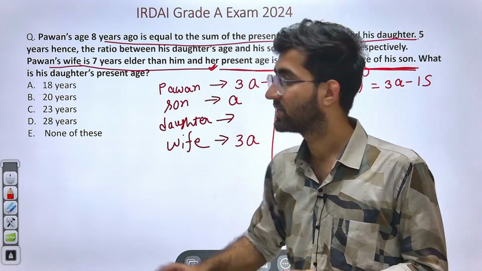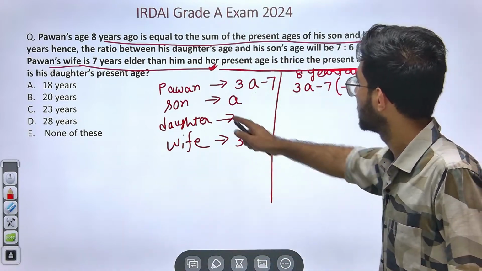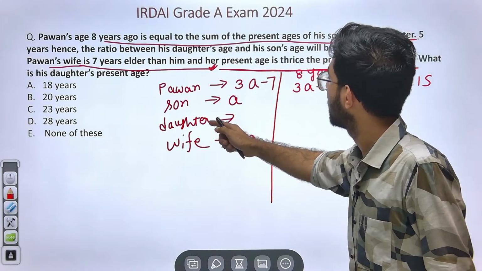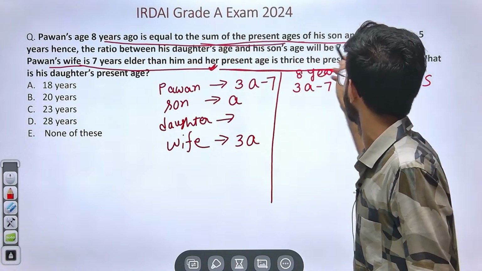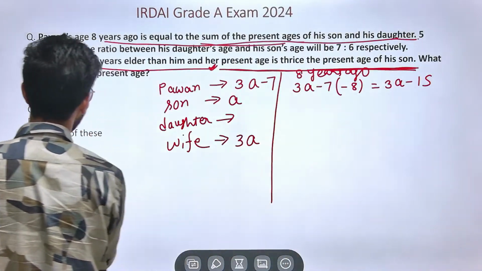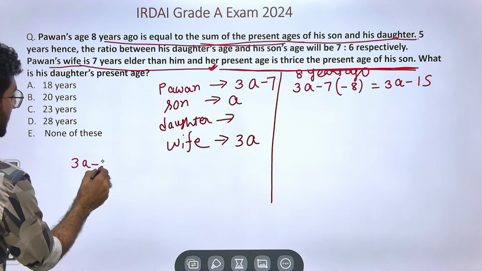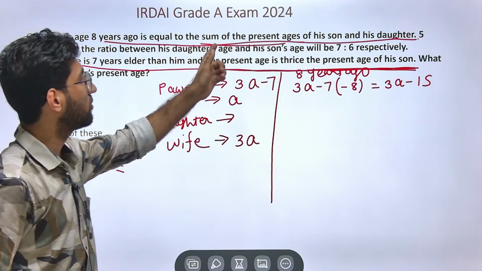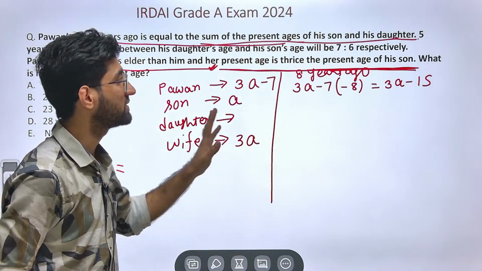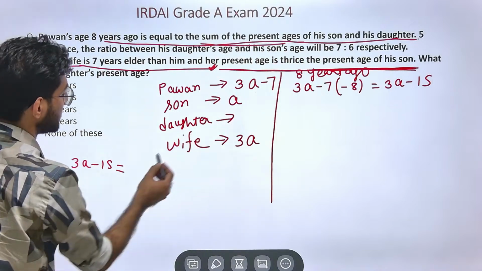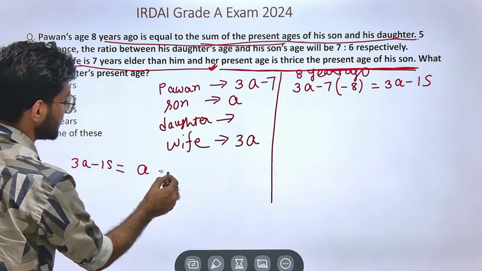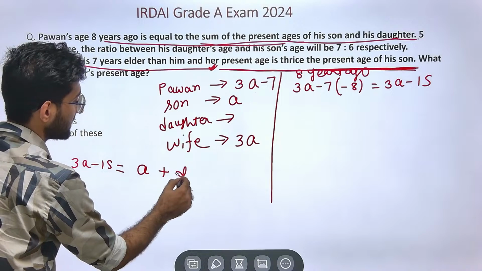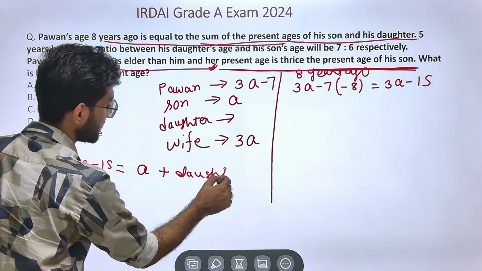And we know that 3A minus 15 is the sum of the present ages of son and daughter. If you read this line, 3A minus 15, that is Pawan's age 8 years ago, is equal to the sum of present ages of his son and his daughter. We know the present age of his son is A, but we don't know the daughter's age.